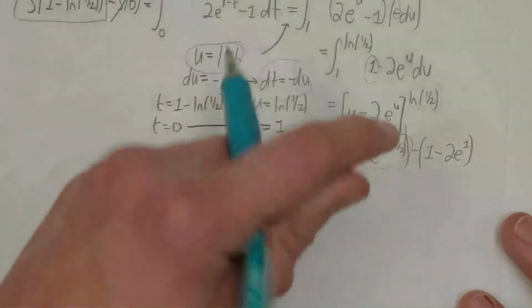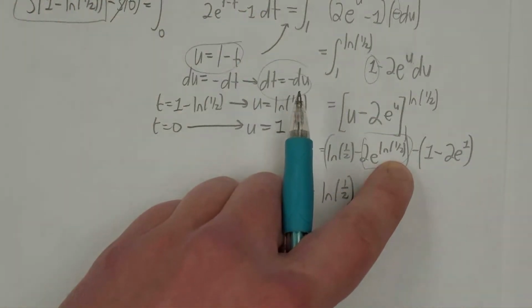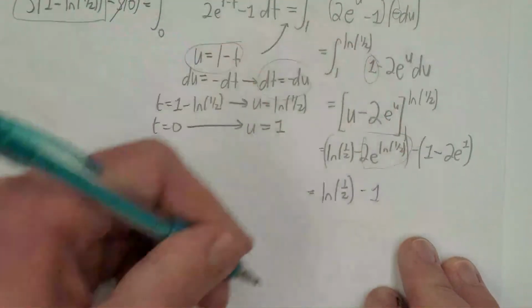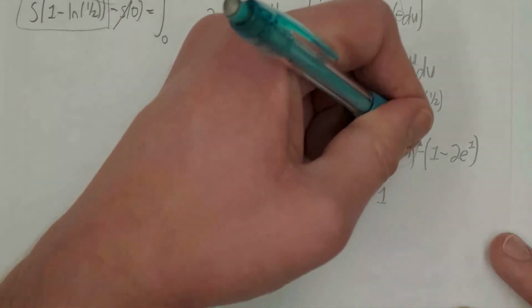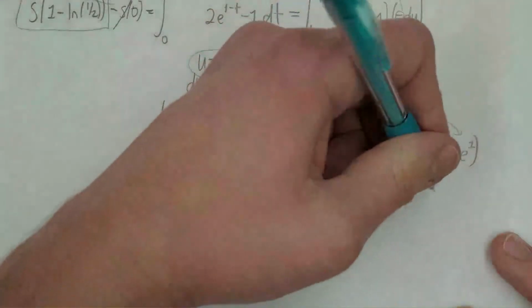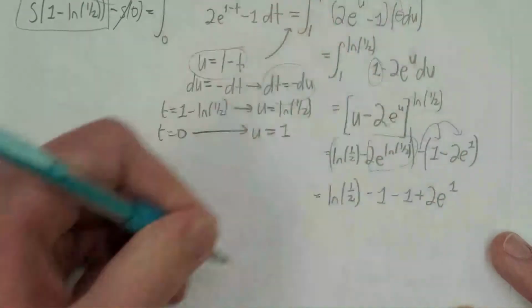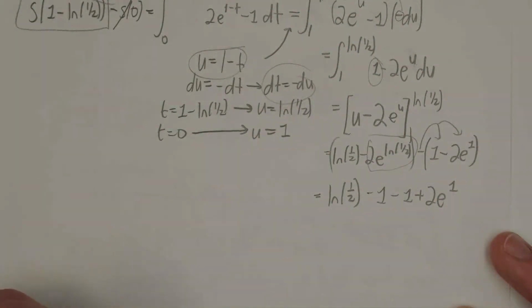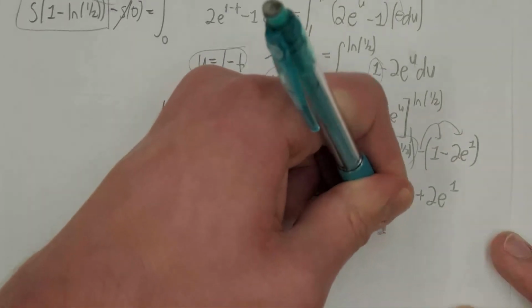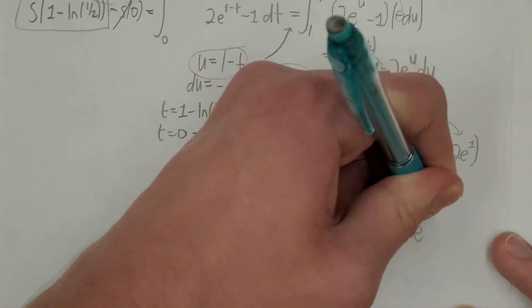Because e to the natural log of 1 half is just 1 half, but then multiply by 2 and you get 1. Then you distribute the negative to both terms to get negative 1, and then plus 2 times e to the positive 1. So ultimately, this simplifies to natural log 1 half minus 2 plus 2 times e to the first.